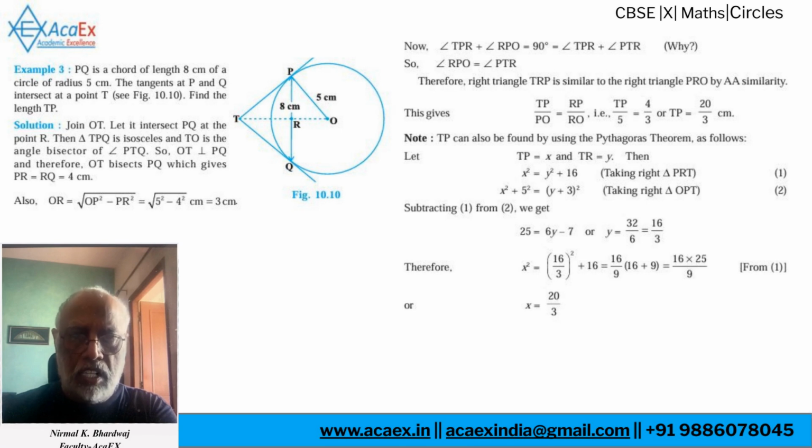The right triangle TRP is similar to the right triangle PRO. Due to this similarity, the ratio of their sides is equal. This gives us the proportion: TP divided by PO equals RP divided by RO. Substituting the known values, TP divided by 5 equals 4 divided by 3. Solving for TP, we find that the length is 20 divided by 3 centimeters.